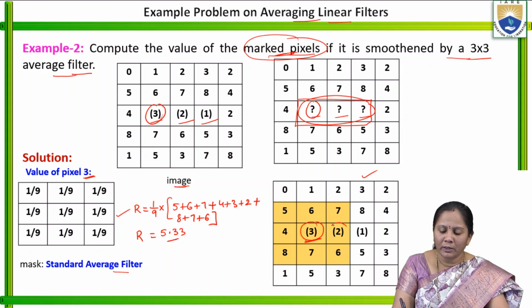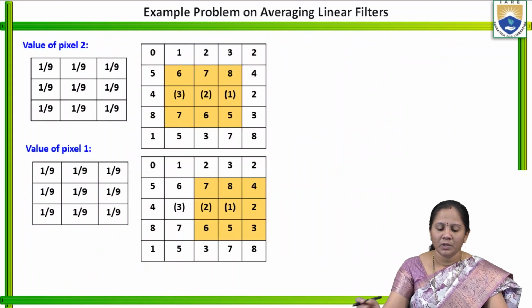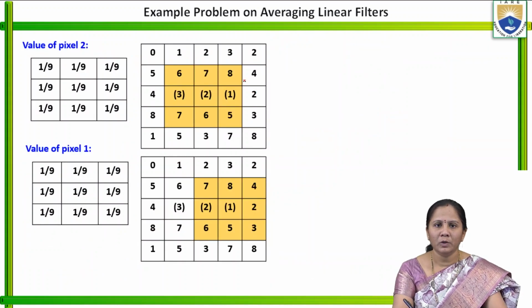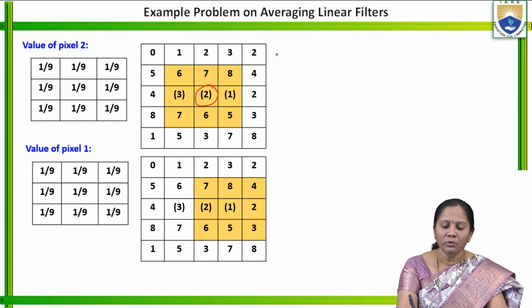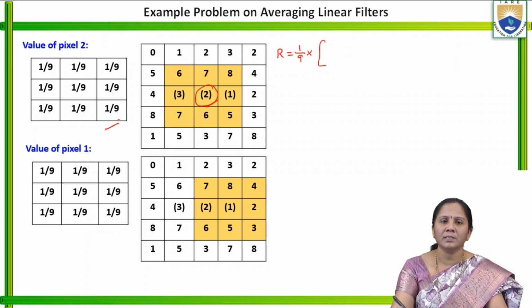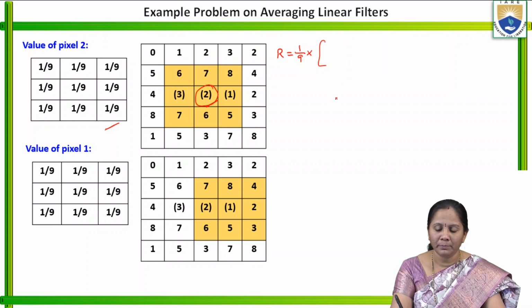Similarly, to find the new pixel value of the marked pixel 2, we have to shift this average filter mask such that 2 becomes the center pixel. If we shift the mask, it will look like this, and this 2 will become the center pixel. Now we need to find the new value of this 2. So R is equal to 1/9, as we are using the standard average filter where all its weights are equal, 1/9.